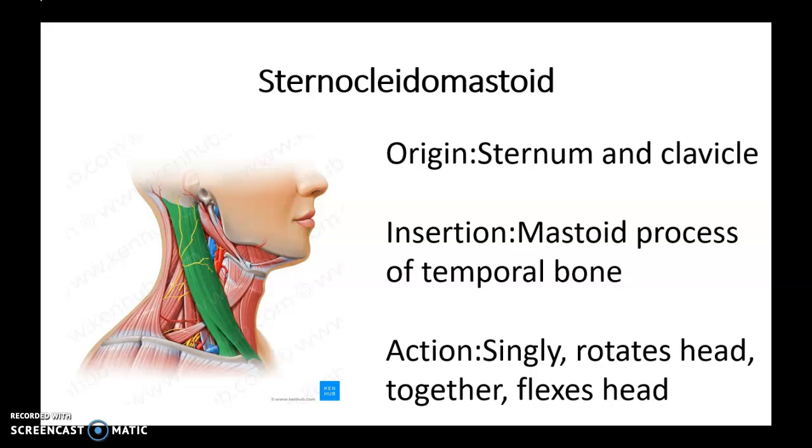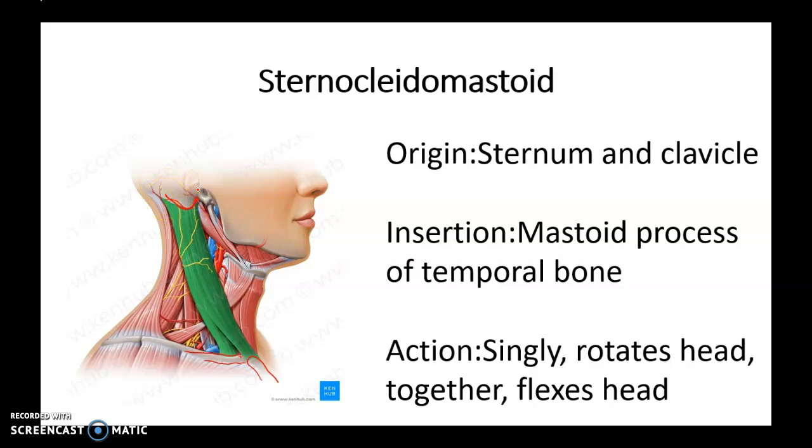Okay. Now, as the name suggests, this muscle originates from the sternum, and I will highlight the sternum for you. So this is the sternum and the clavicle. So it originates from the sternum and clavicle, as you see, and inserts into the mastoid process.